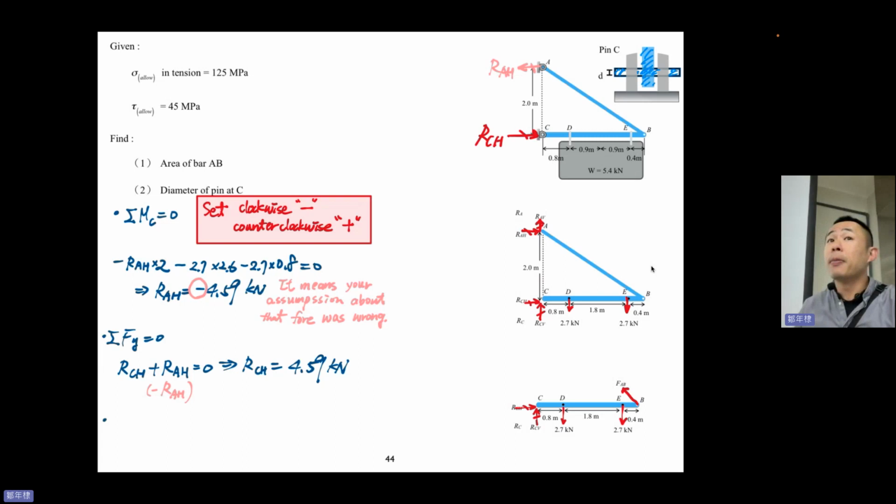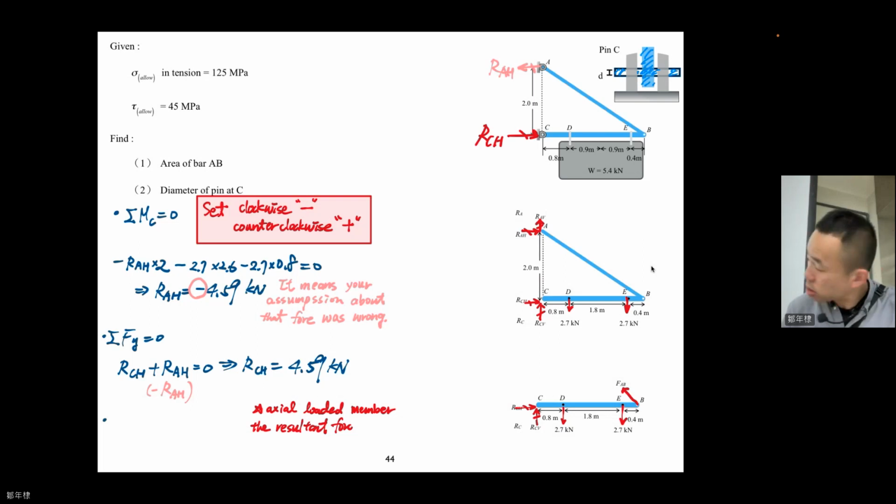an axially loaded member. The resultant force is always along the axial direction.